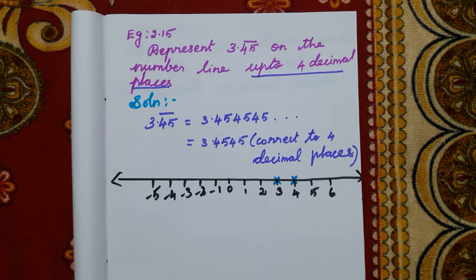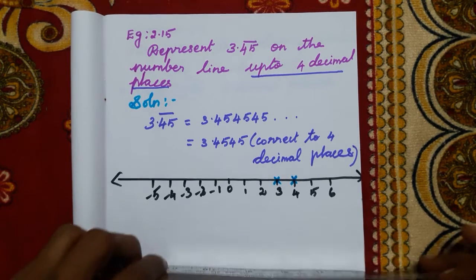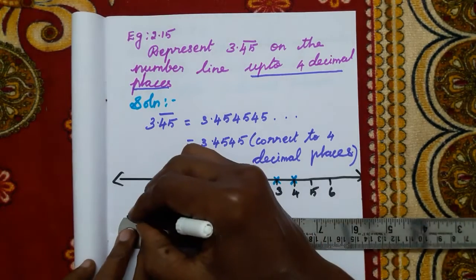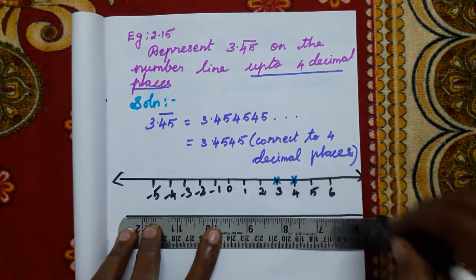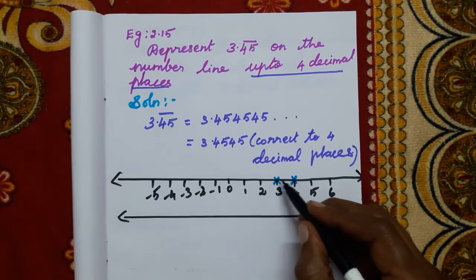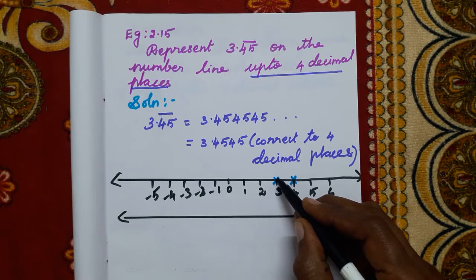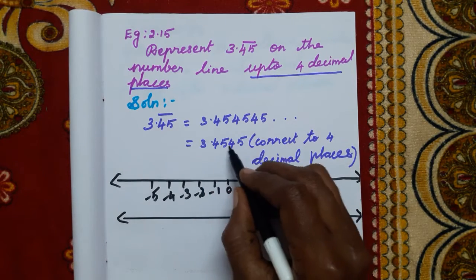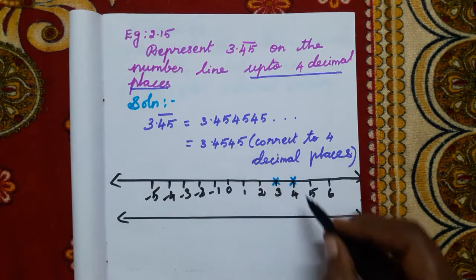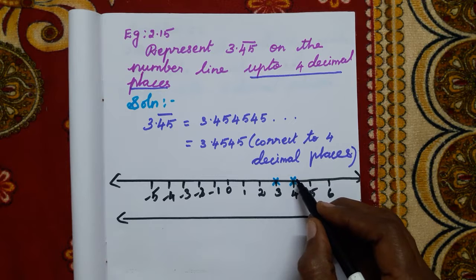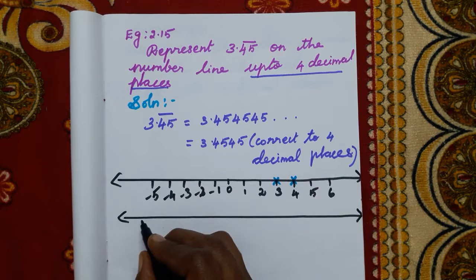Again we have to draw a number line. Here, which numbers did we mark? 3 and 4. The number 3.4545 is between 3 and 4. Then we have to start from 3.